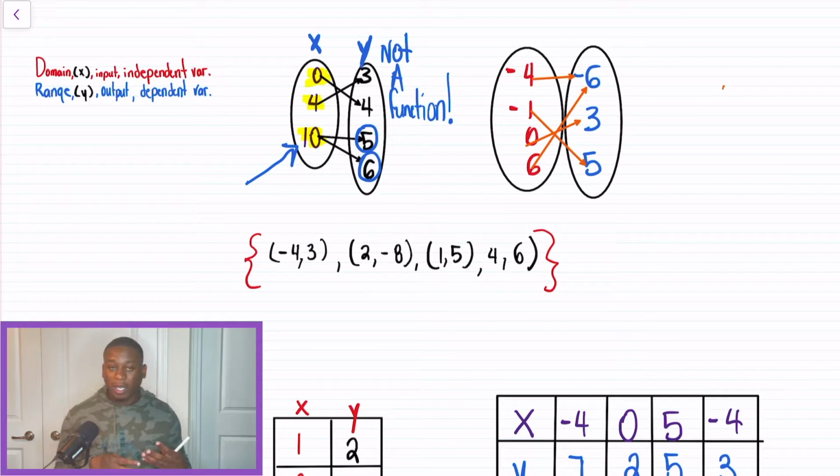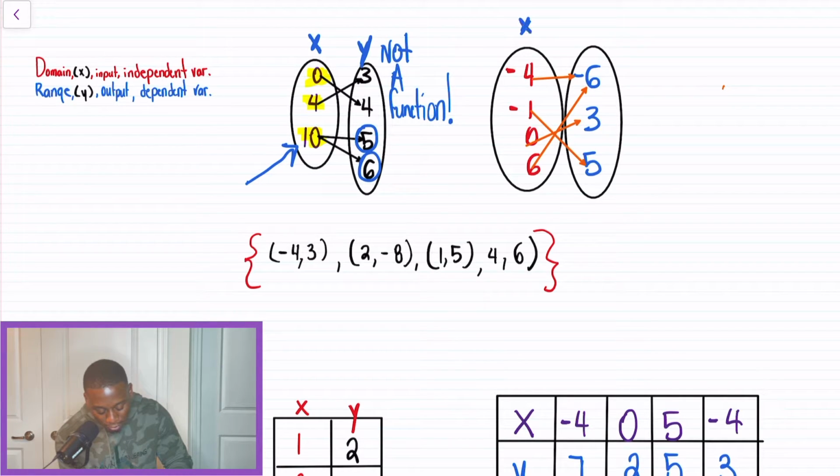Now, we're going to look at a same diagram where it is a function, but they kind of try to throw some tricks in there. And this is what I mean. So we know this left-hand side is our x. We know this side is our y. And when we look at each of these input values, did you guys notice how there's only one output for each individual input?